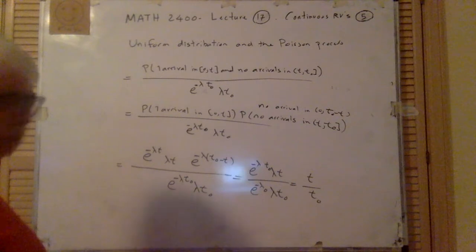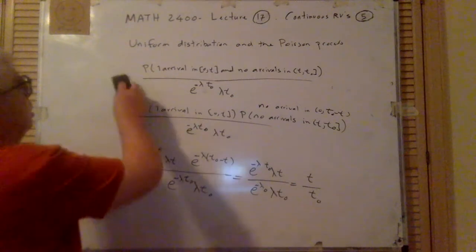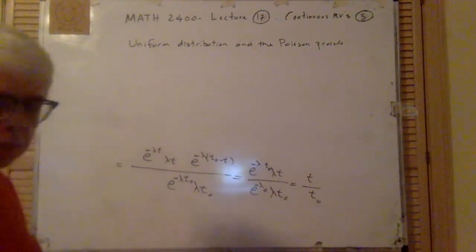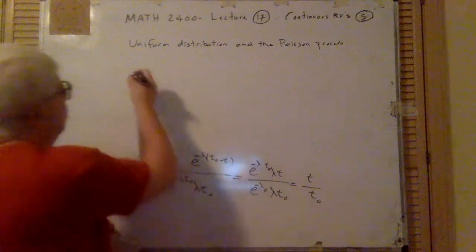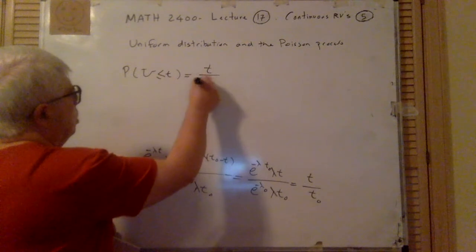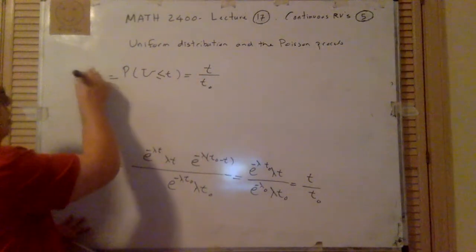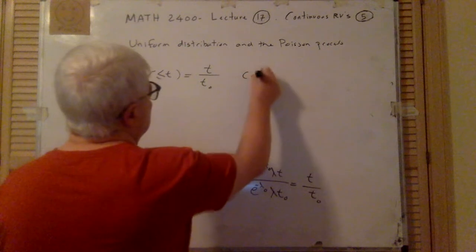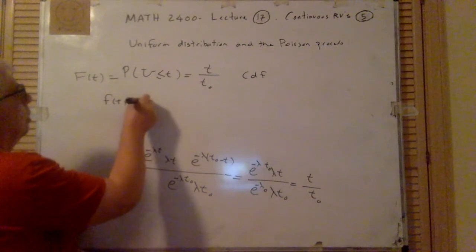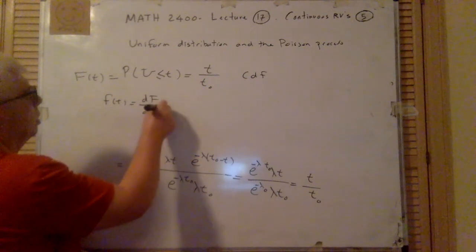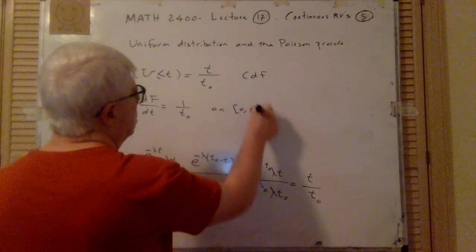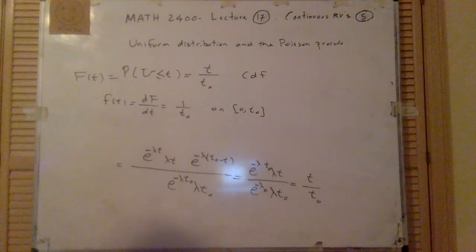So I found that P of U less than or equal to t is t over t0. That's the CDF, right? So what is f of t? f of t is dF/dt, which is 1 over t0, on interval 0 to t0.